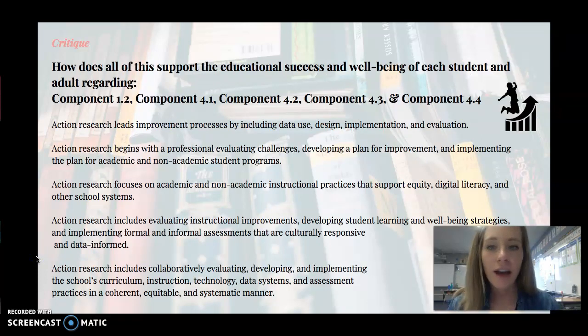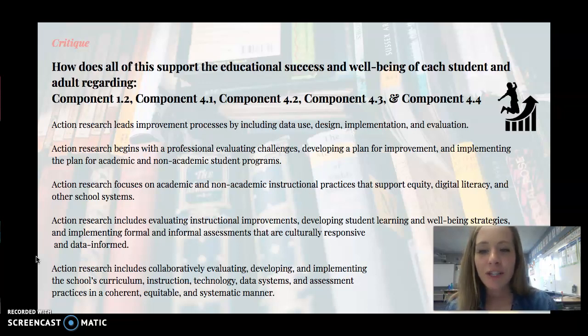So how does all of this support the educational successes and well-beings of each student and adult regarding these components? Action research leads improvement processes by including data, design, implementation, and evaluation. It also begins with a professional evaluating challenges, developing a plan for improvement, and implementing the plan for academic and non-academic student programs.